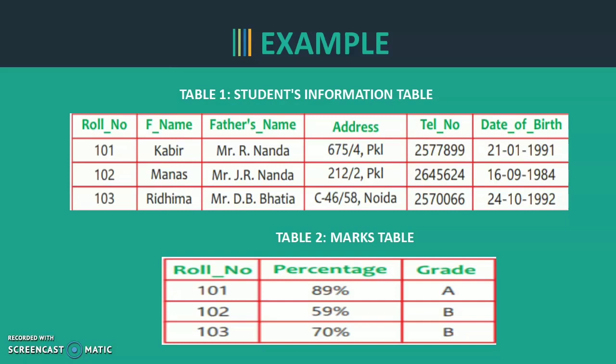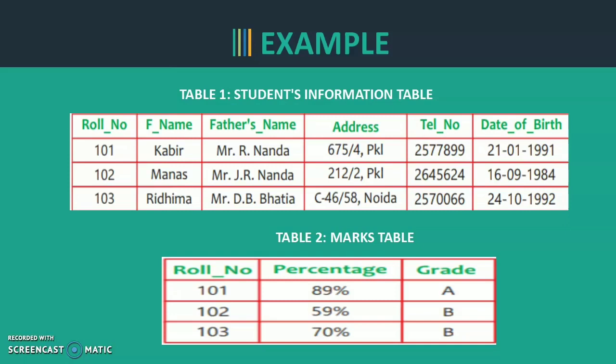Suppose we have to maintain students' records in a school. So what will we do? We won't store all the records in just a single table. Instead, we will split the information into two tables. We store the personal information of the student in one table and the academic record of the student in another table.